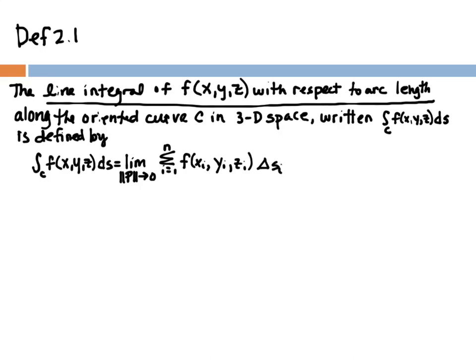delta s sub i. And we've had these kinds of things before where we then have to put this disclaimer, if you will, at the end: provided the limit exists. That's obviously important or this won't make sense.